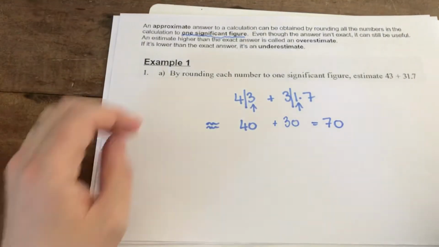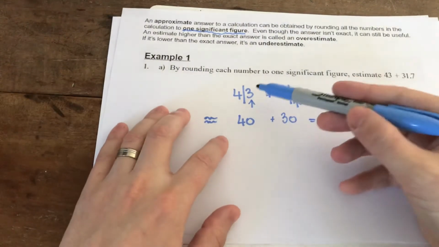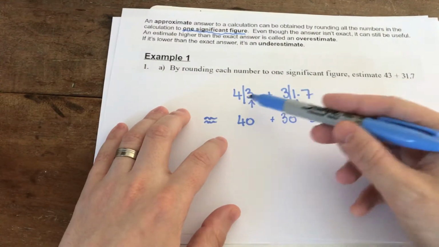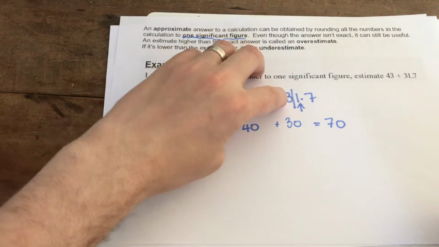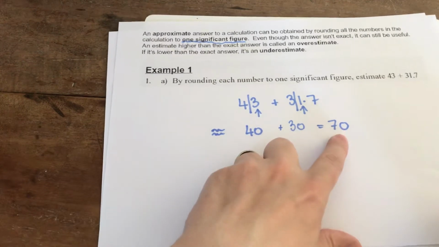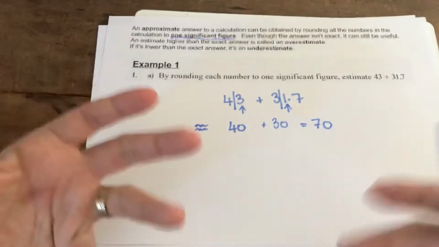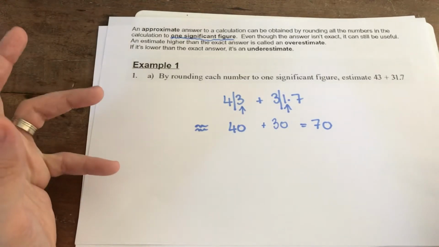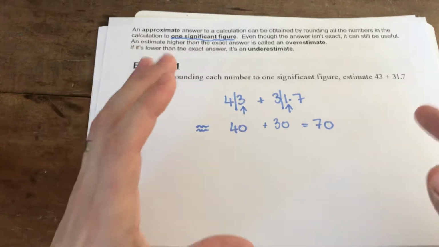Now, I said I was going to decide whether or not this was an underestimate or an overestimate. If we look at both of these numbers, have we rounded up or down? I've rounded down here, I've rounded down here. That means this figure of 70 will be smaller than the actual answer. Earlier I said, be aware you can probably do some of these calculations on your own without estimating, but that's not the point of what we're trying to do here.